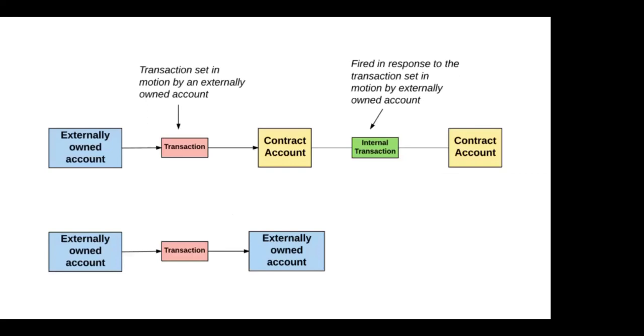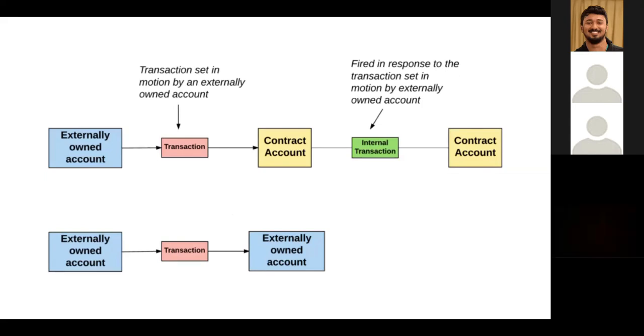The next is transactions. What are transactions? Say you want to transfer 10 ether from one account to another, that is a transaction. But only value transfer or money transfer is not a transaction. Basically, every interaction on a blockchain is considered a transaction.